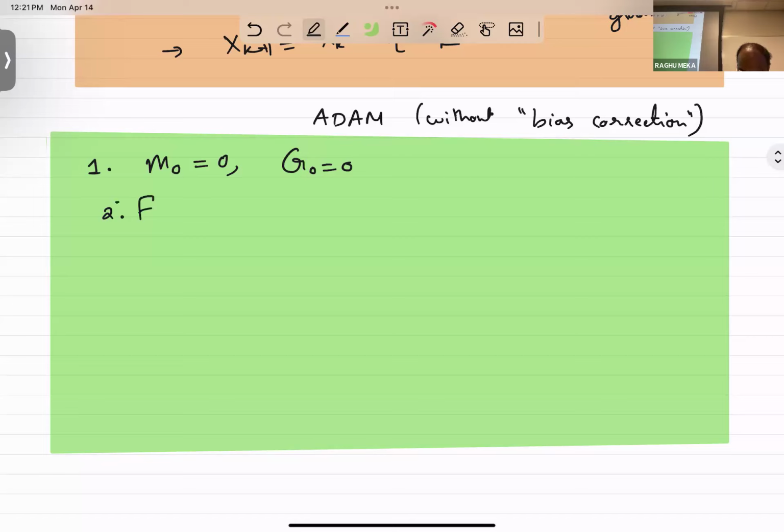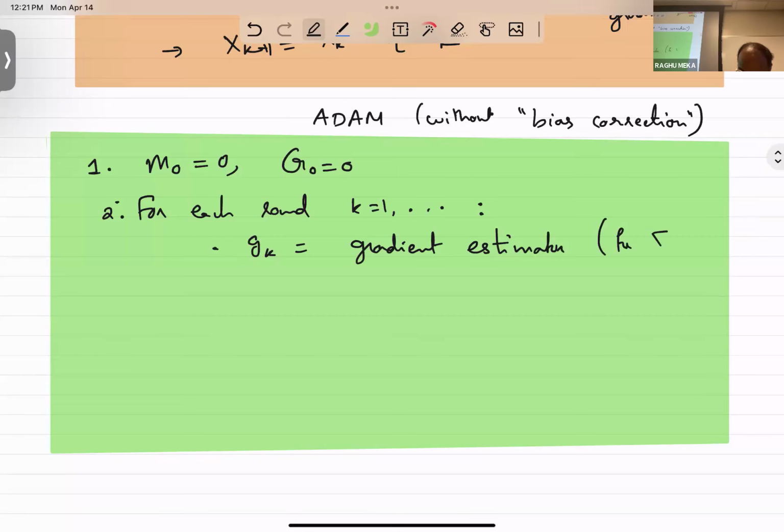And then for each round, k equals 1 onwards, we're just going to do each one separately, right? So you update the first momentum, right? So you set, let's say GK is a gradient estimator. So it's an estimator for gradient f of xk.